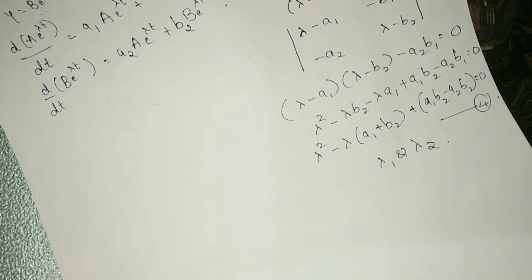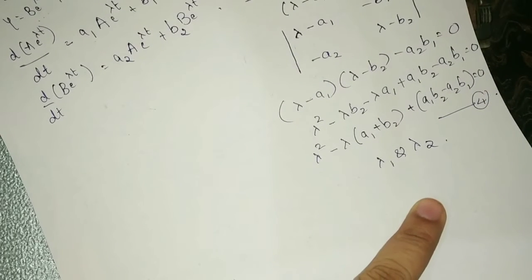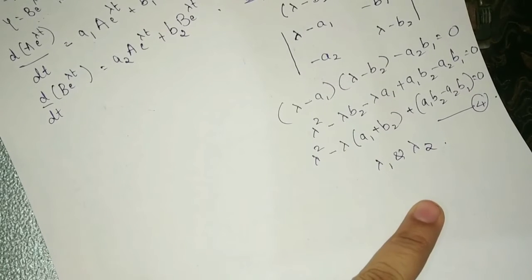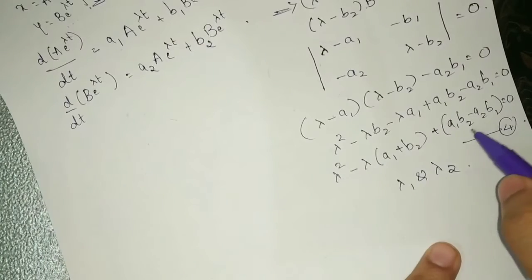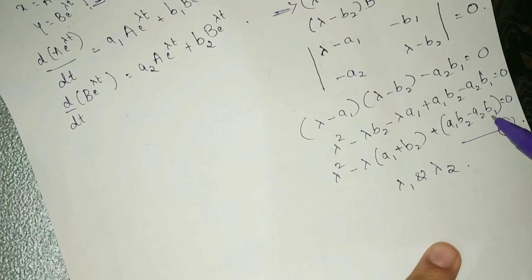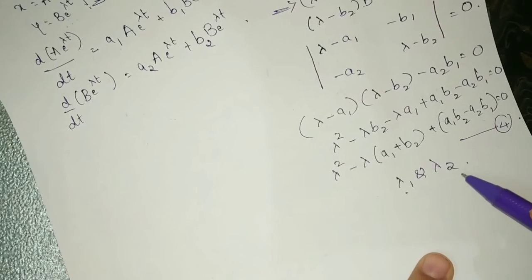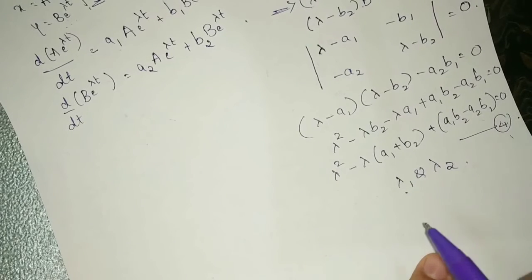Whatever we have found may be real roots, it may be complex roots, or real and equal roots, it may be possible. So we call this equation the characteristic equation, and the roots lambda 1 and lambda 2 the characteristic roots for the given equation.